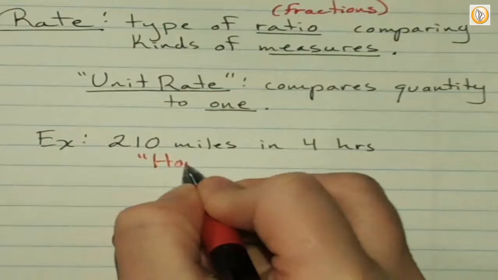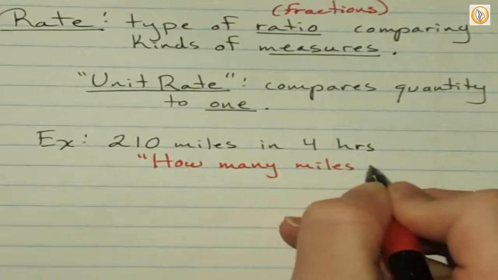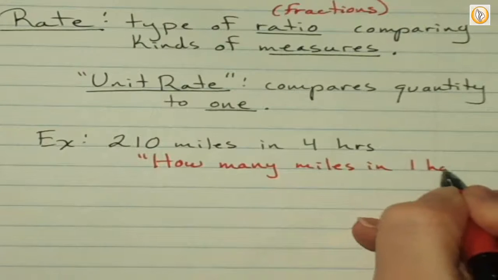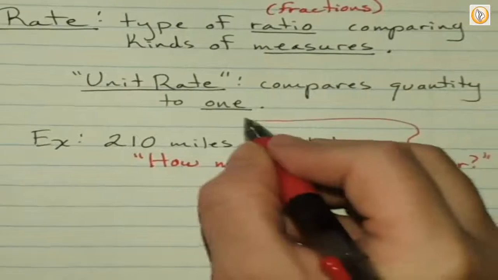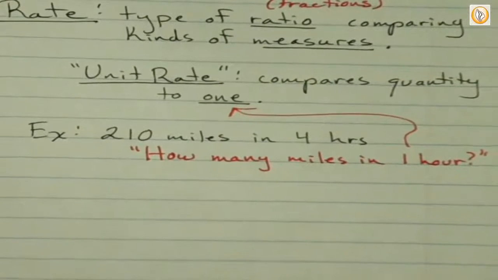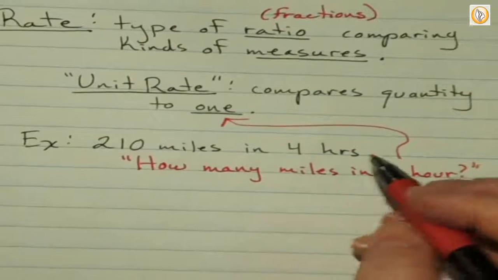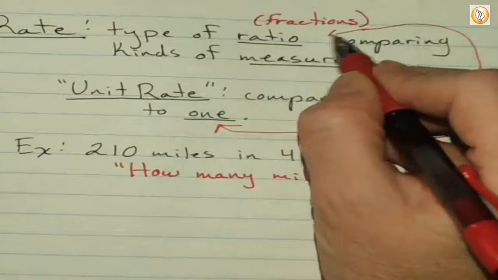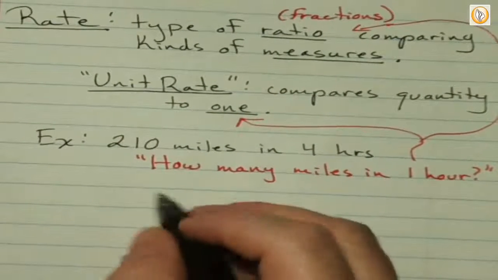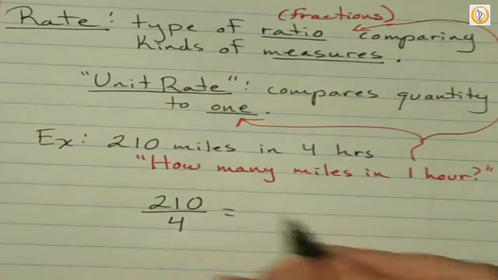It's asking how many miles in 1 hour. That's what they mean by that. And we're going to set it up as a ratio by writing it 210 over 4.